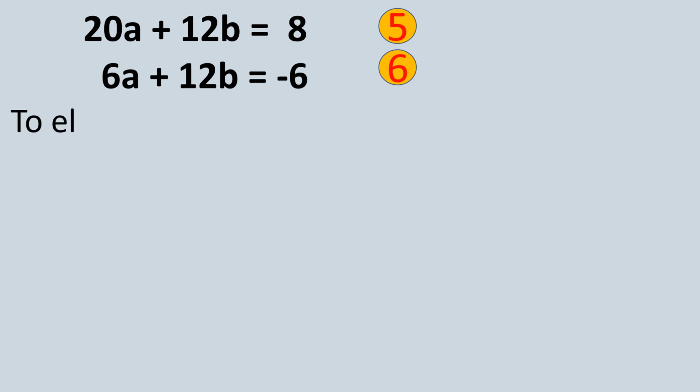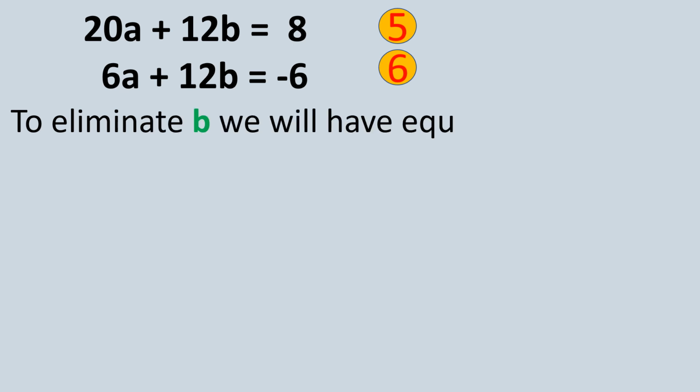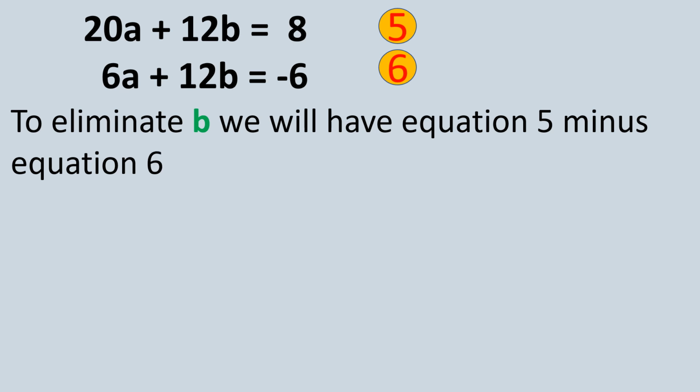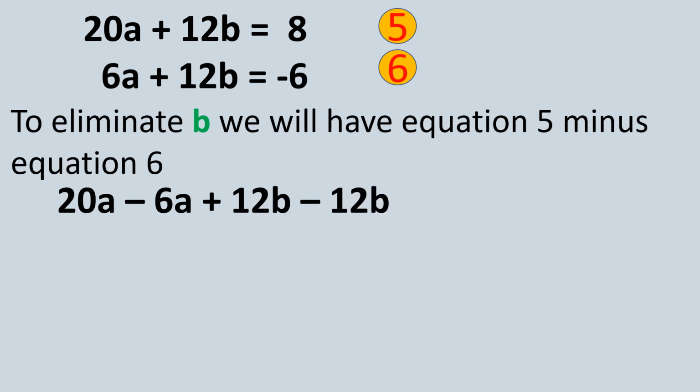When you look at the components, we'll be able to eliminate the b component. When we eliminate the b component, then we'll pave the way for the solution to the a variable.